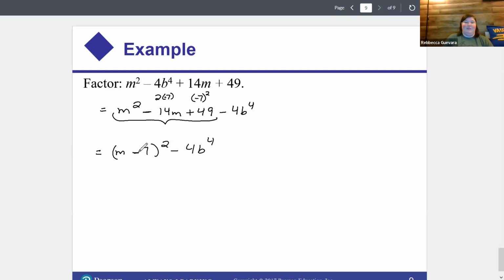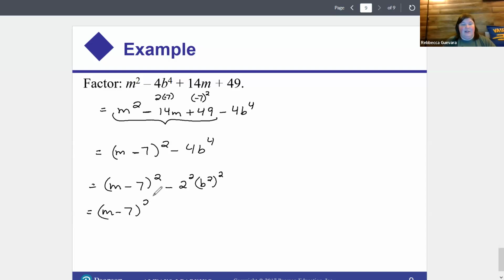And then we still have that negative 4b to the 4th. If you look at this, I'm going to see if we can turn this into a square. So I have 2 squared b squared squared, so we're just using rules of exponents.